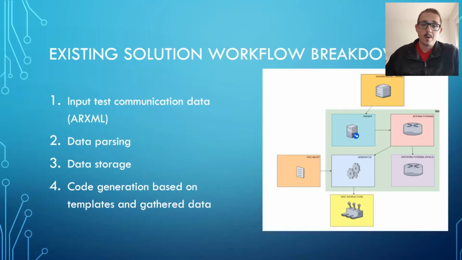Data that's parsed, of course, gets stored away for reference use and debugging and so on. And then the code is generated, which is the little cogs on the breakdown. It uses the templates which come in from the left over here, and it's generated into SWC source code.